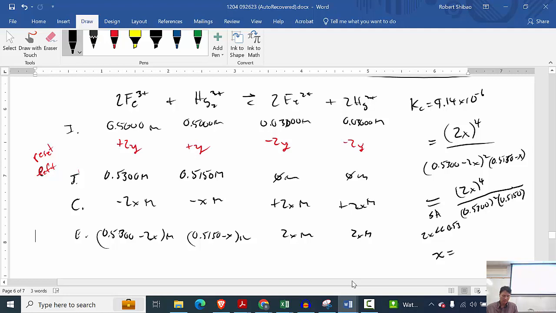Divided by 16, and then I'm going to take the fourth root of that, so I'll just square root it twice.